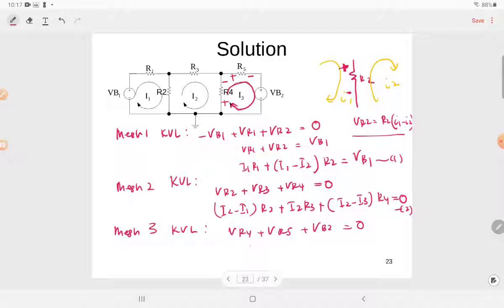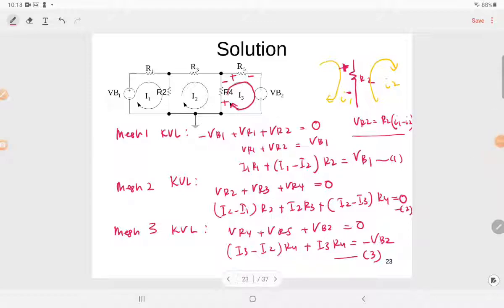For VR4 we have two currents, I3 minus I2, times R4, plus R5, which only has I3, so I3 R5, equal to negative VB2. So this is another KVL equation.